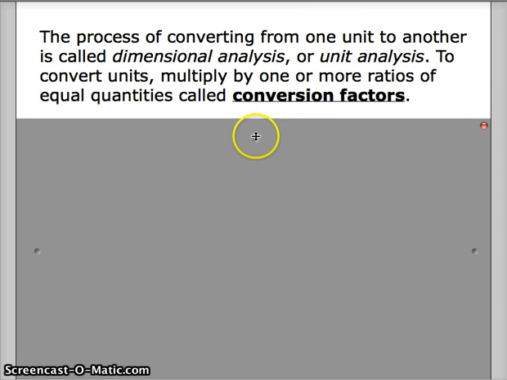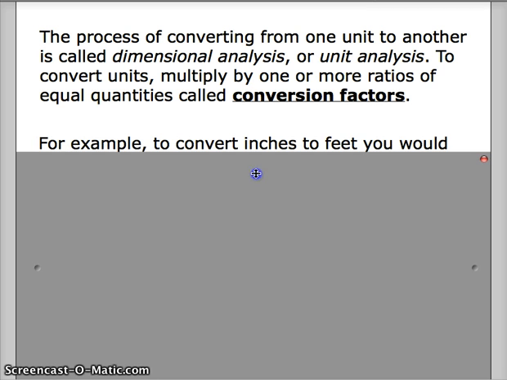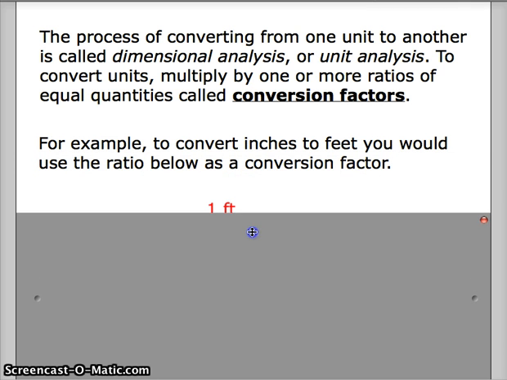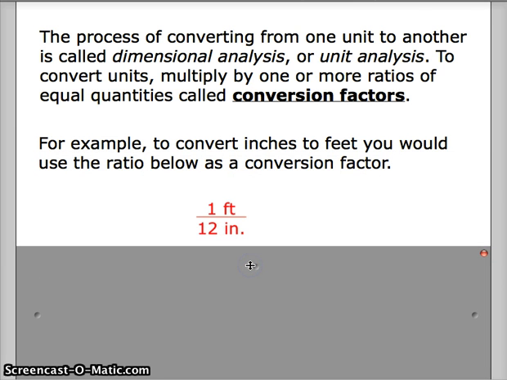So, for example, feet and inches. Well, 1 foot is equal to 12 inches. And that could be a conversion factor to convert inches to feet. So if I knew I had 400 inches and wanted to determine how many feet.